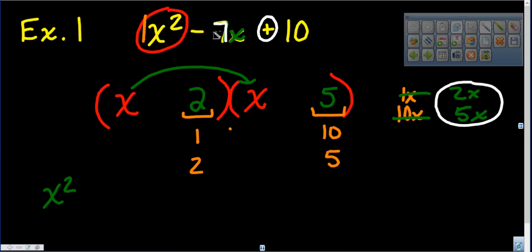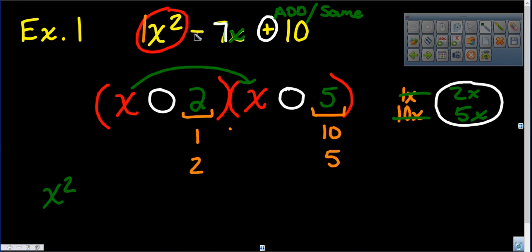And now that I want them to be a negative 7x, I need to think about what signs go here and here. So there are 2 ways to think about that. One, if I was going to multiply to get a positive 10, that means that not only will I be adding those products, but it also means that the signs had to be the same, that these signs have to be the same.